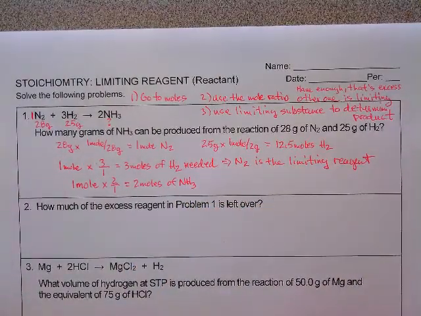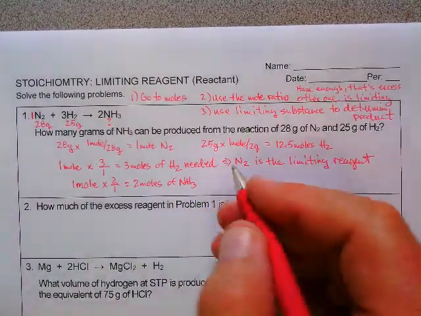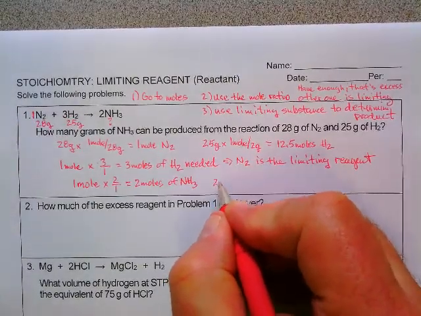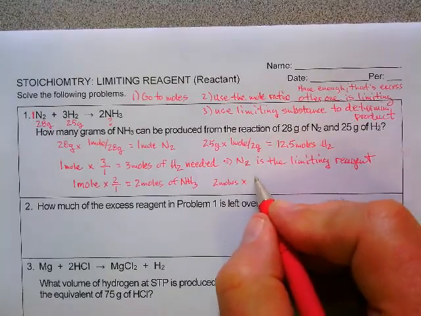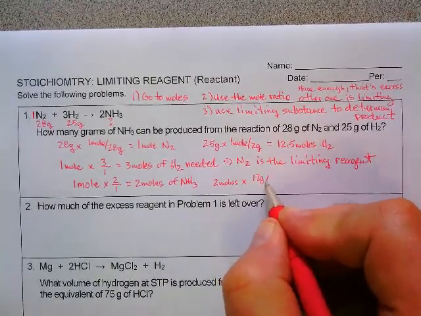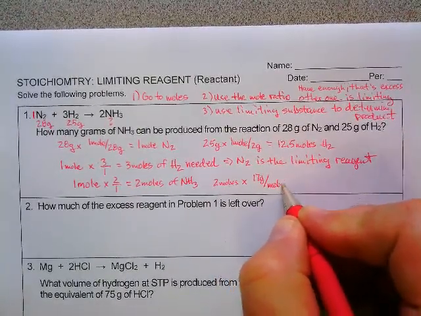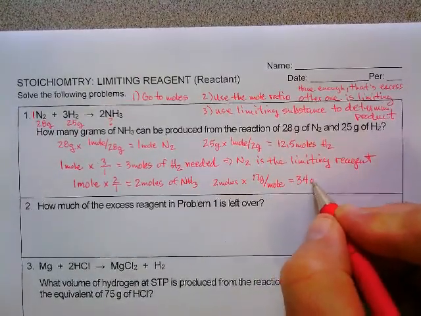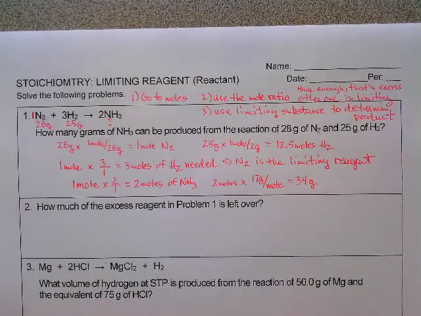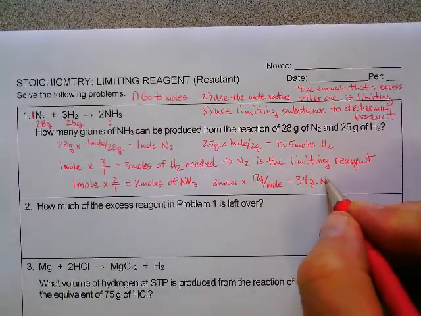I want to see how many grams. So now I have to take my 2 moles times, for ammonia it's 17 grams per mole, and so I'm going to produce 34 grams of NH3.